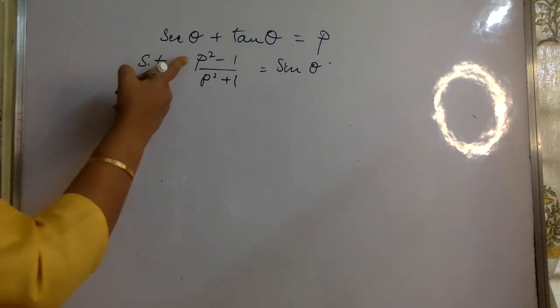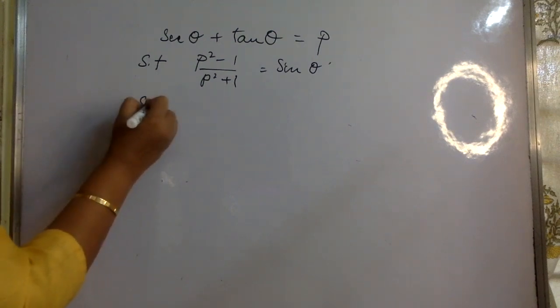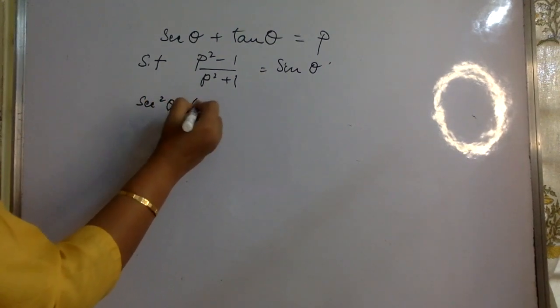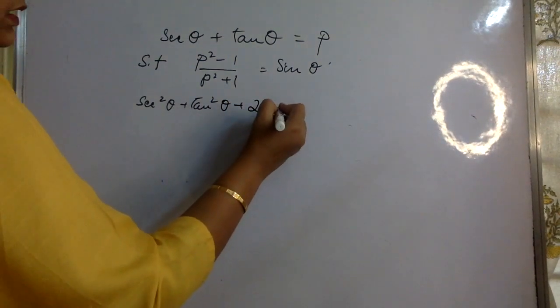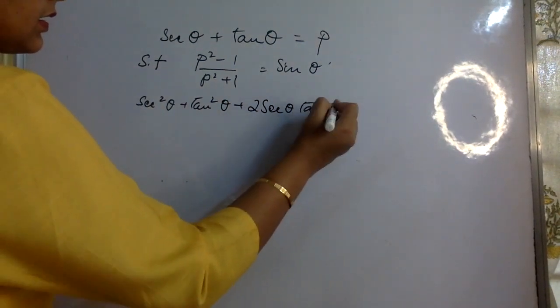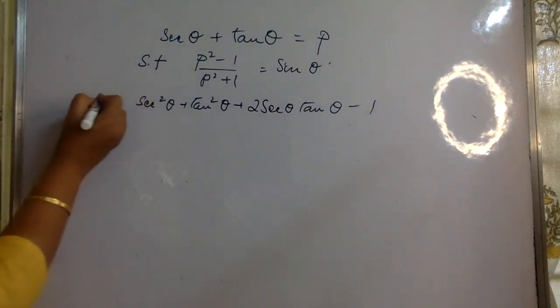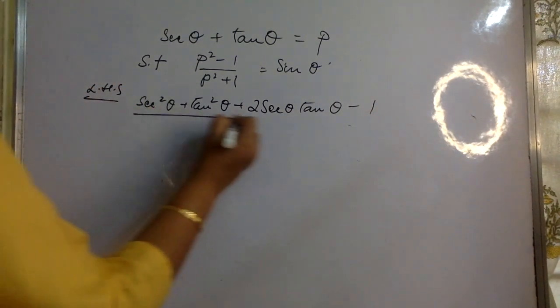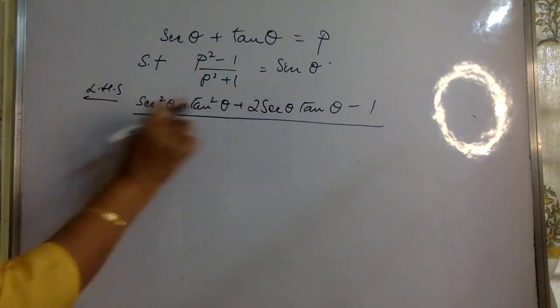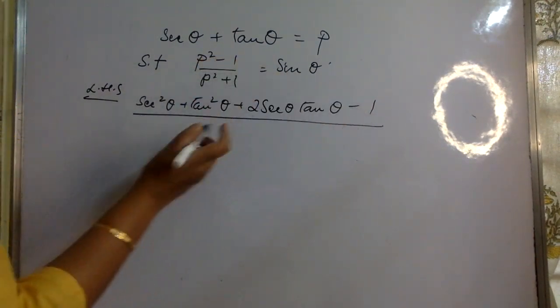If we square it and write it straight here, sec square theta plus tan square theta plus 2 sec theta tan theta, minus 1. We have started from the LHS, so this much is our p square, and this is this minus 1.